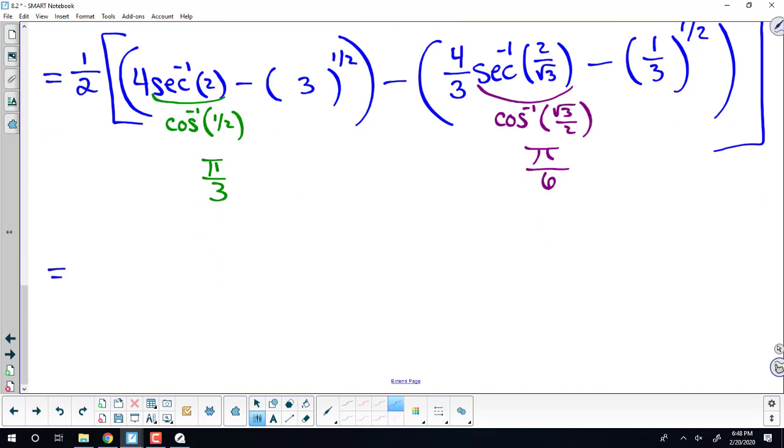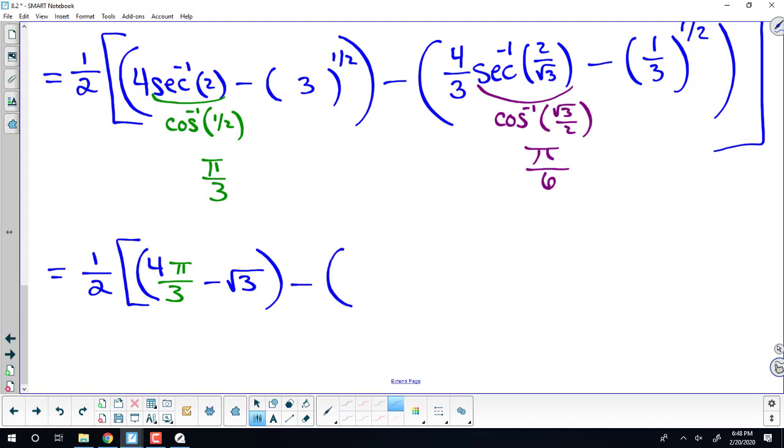Okay, so let's see what we have here. We have this 1/2 still. We have 4 pi over 3 minus the square root of 3. We have 4/3 times pi over 6.